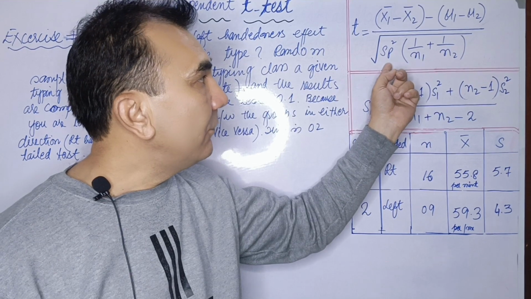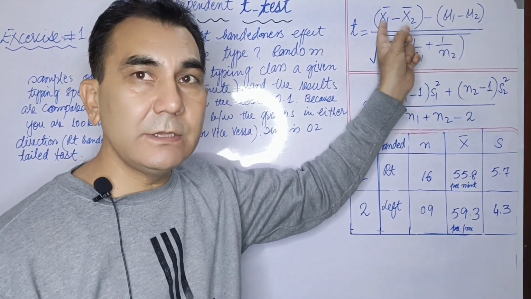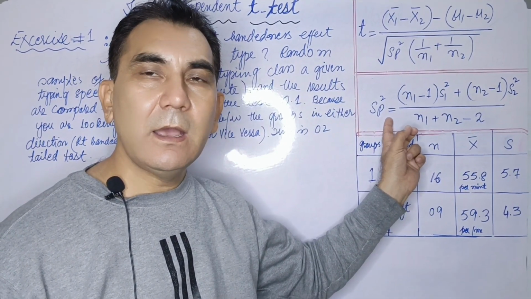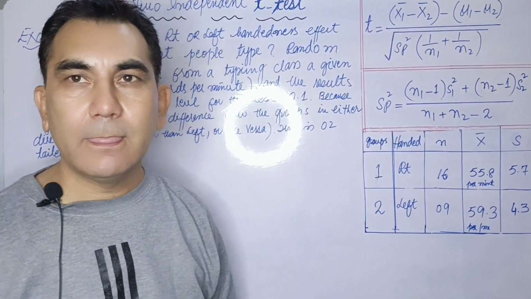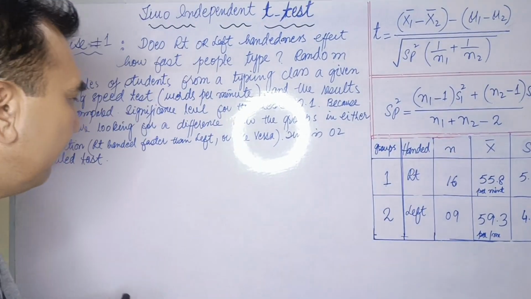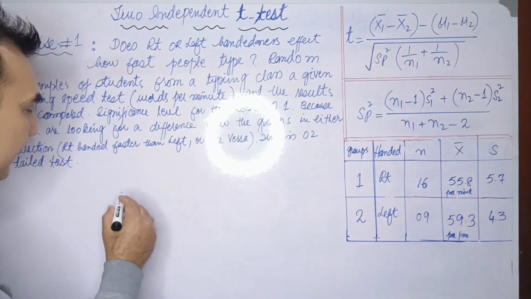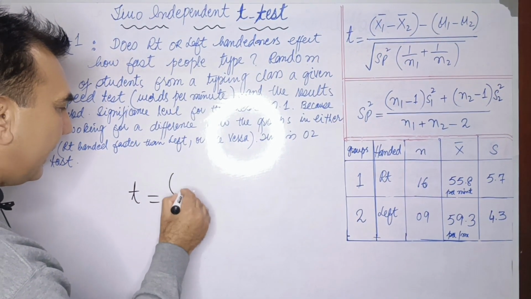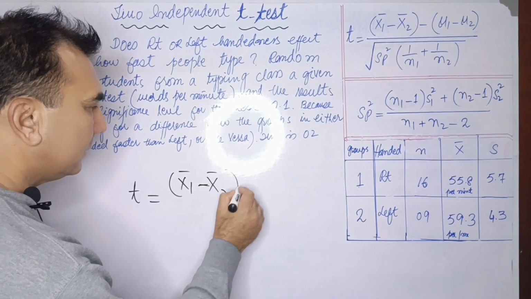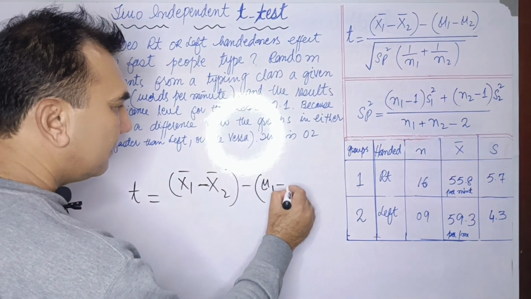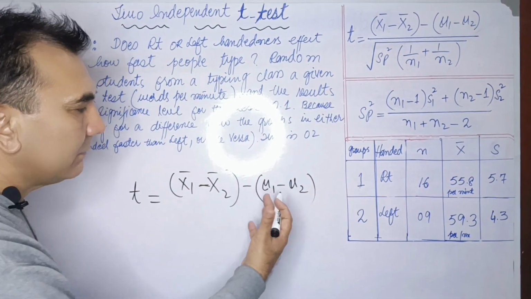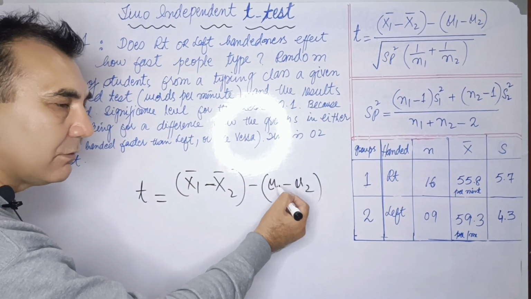Before calculating the t value, we will use the pooled variance formula. If the variances are separate, then we use t equals x bar 1 minus x bar 2 minus mu 1 minus mu 2, where mu 1 minus mu 2 is 0 under the null hypothesis.